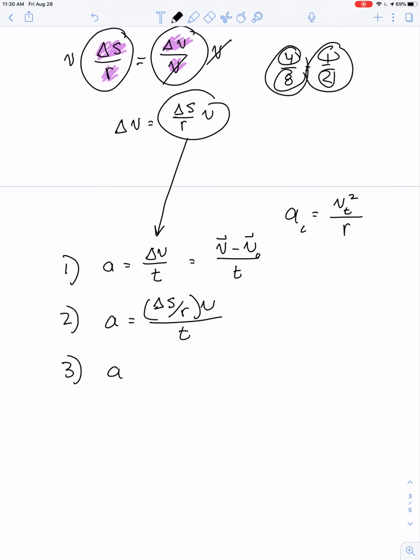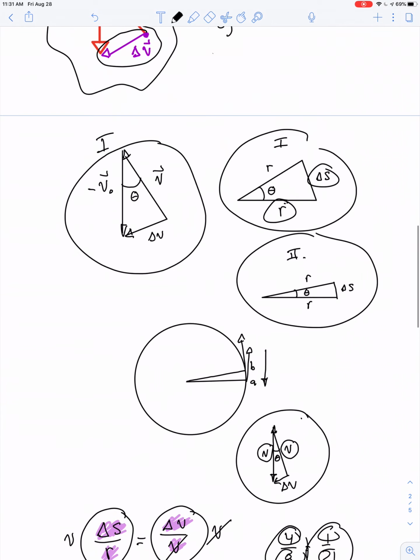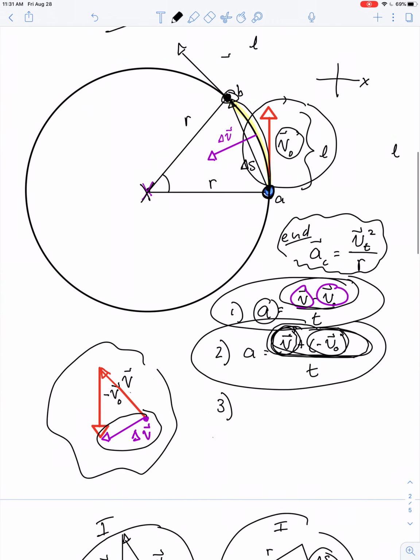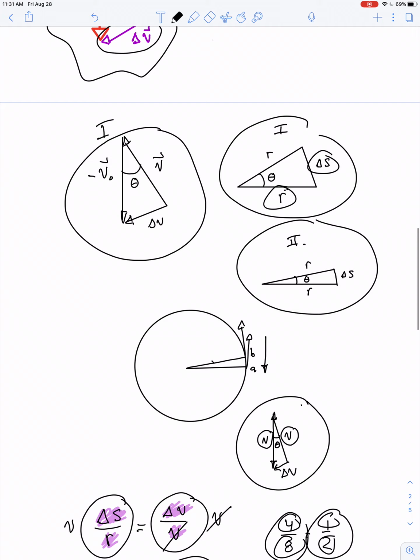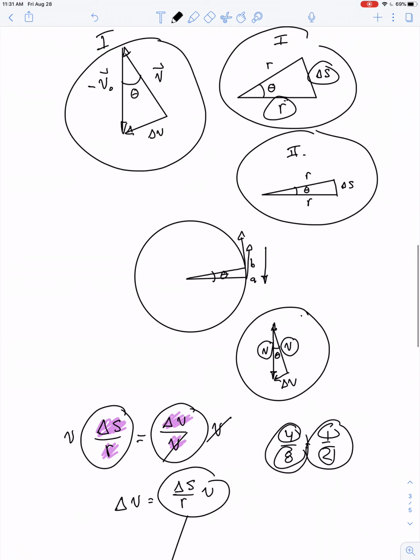We can rearrange terms a little bit and clean it up. So now we have a equals, how about I write it like this, delta s over t multiplied by v over r. Mathematically, that's the same thing, right? So wait a minute, what is delta s over t? If we continue this process of shrinking the angle to smaller and smaller values, we can approach an instantaneous velocity.